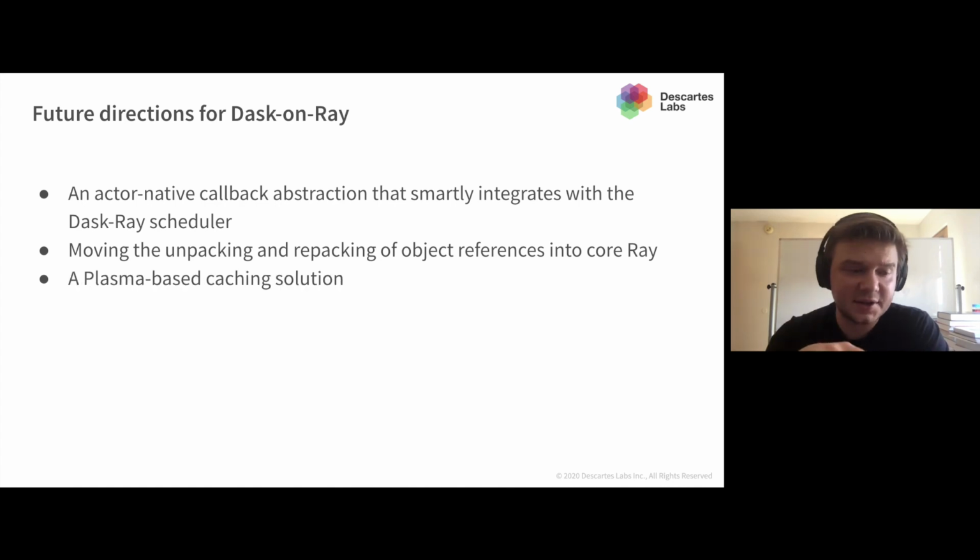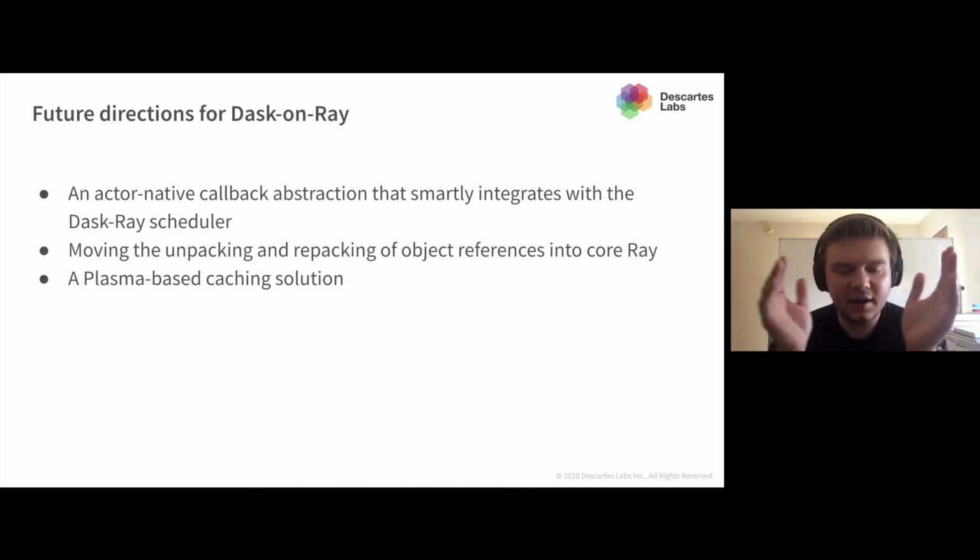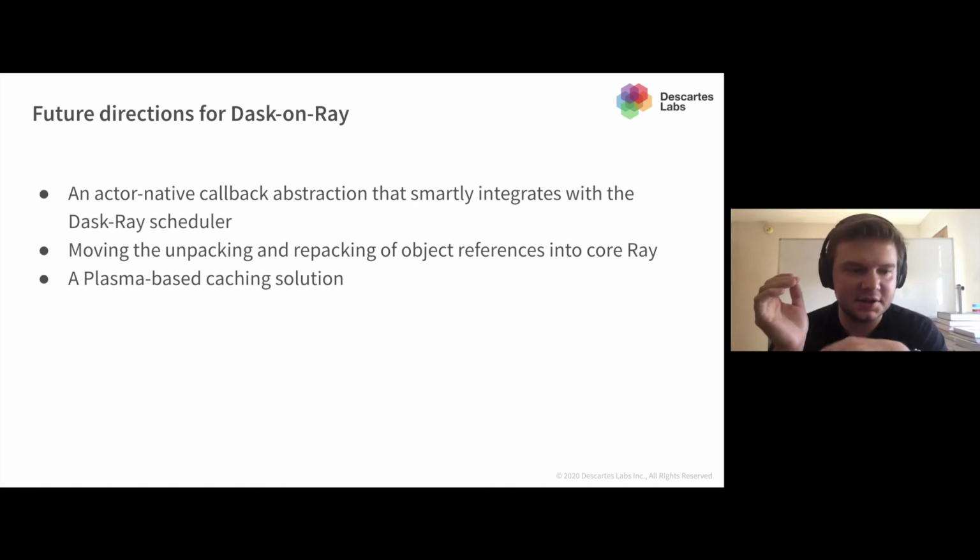A Plasma-based caching solution would be great. Dask tasks are deterministic and pure in general, and they have a content-based hash within the Dask key. And we've implemented caching solutions on top of it before. But with Apache Plasma being a distributed in-memory object store, it's like, well, the data's already there.